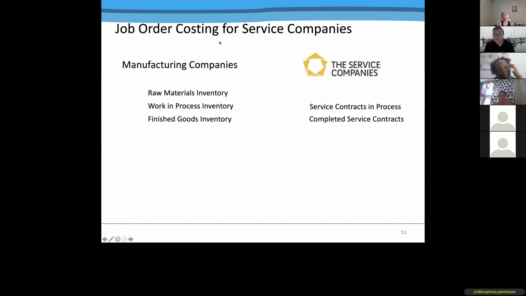But we can still use job order costing for service companies. In parallel, even though we don't have work in process inventory, for the service company we can have service contract in process. These are the service contracts that you are still working on. It's not finished yet. Finished goods inventory can be completed service contracts.